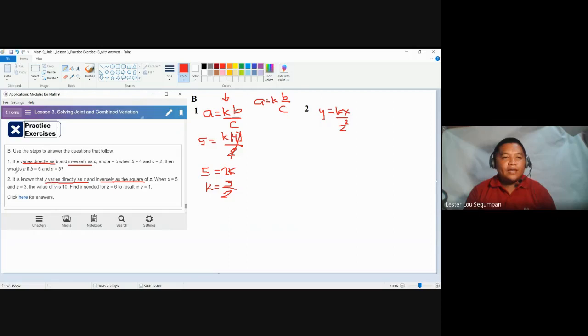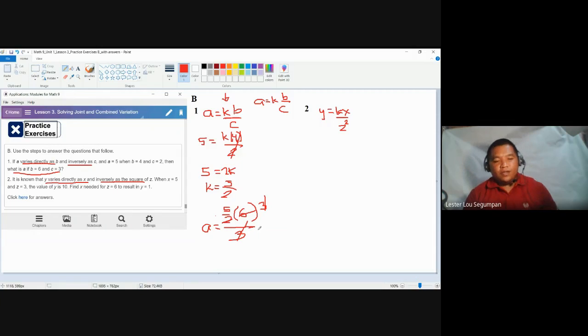After solving for k, let us use now number 1. What is A? We are asked for A, if B is 6 and C is 3. So let's use 5 halves times 6 all over 3. We can simply simplify this first. 6 divided by 3 is 2, and then we can remove this.